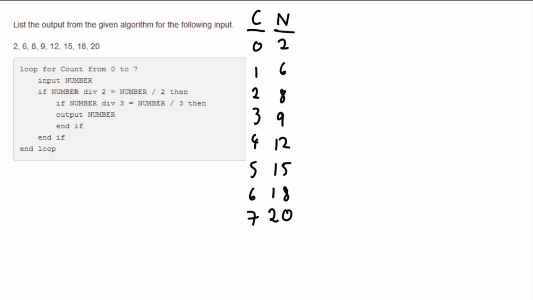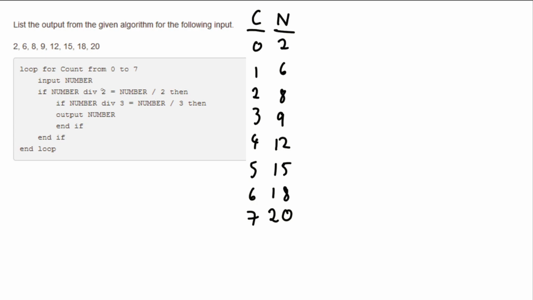So if number div 2 is equal to number divided by 2, and just to remember, this div here just means integer division. So you're always going to have an integer as the result here, whereas this can be a float, so it can be a decimal and not just a whole number.